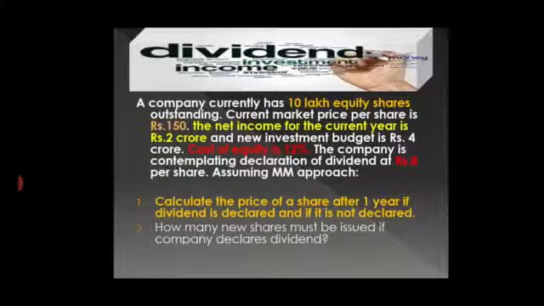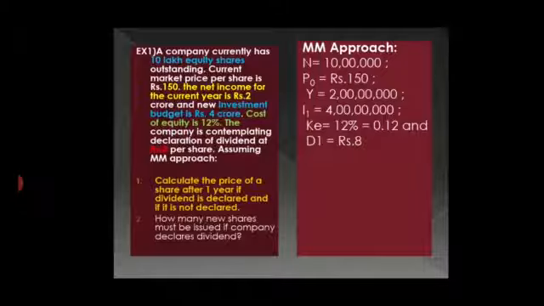Now we are going for the examples. We will see five examples of the three models. The first example: a company currently has 10 lakh equity shares. So the number of equity shares is 10 lakhs. The current market price per share is 150, so P0 is 150.